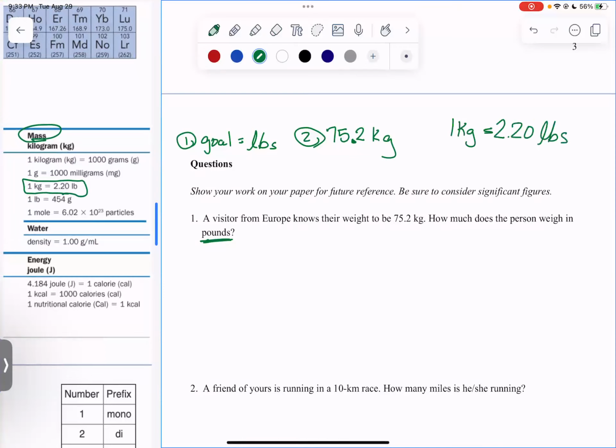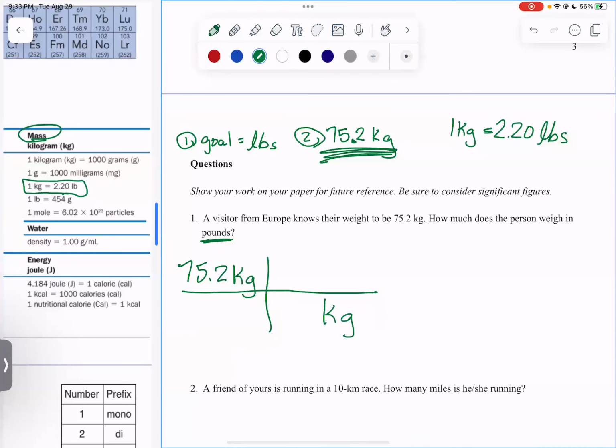So now I have all the information I need to start my problem. I'm going to start with what I know. What I know is 75.2 kilograms is how much the person weighs. And I want to go from kilograms to pounds. So if I want to get rid of kilograms, kilograms goes on the bottom.